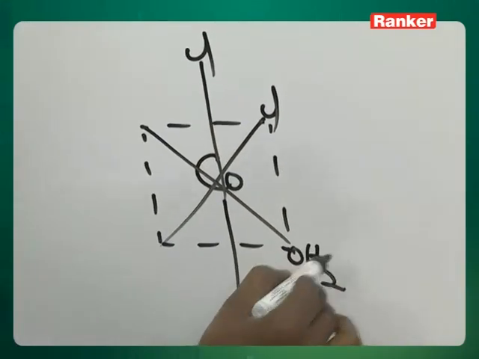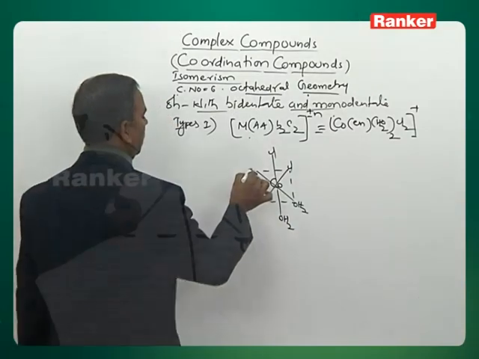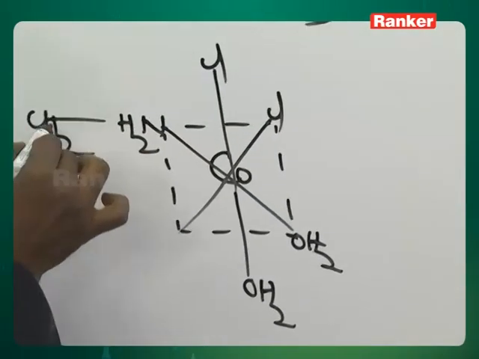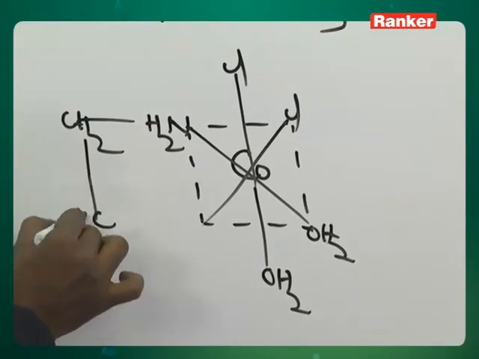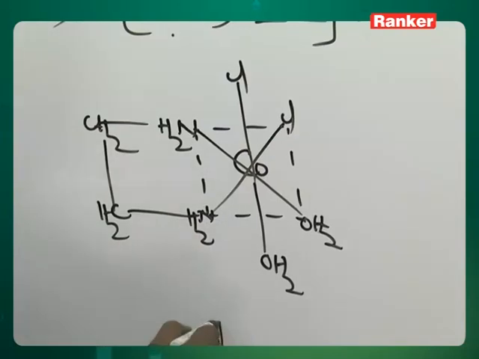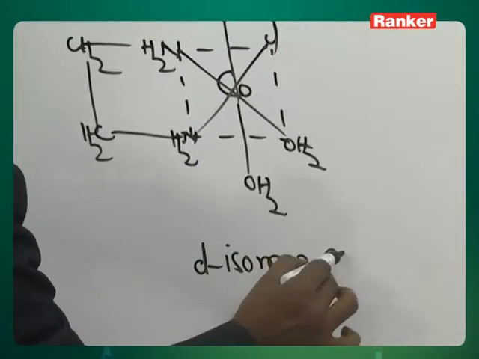The monodentate ligands I keep in cis positions. This particular one, take this as D isomer.